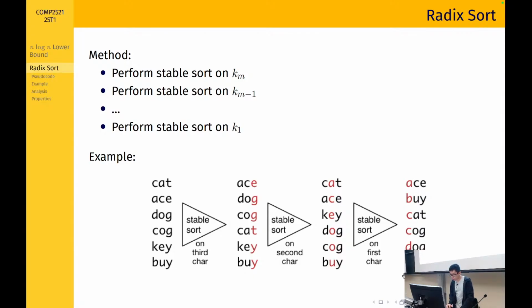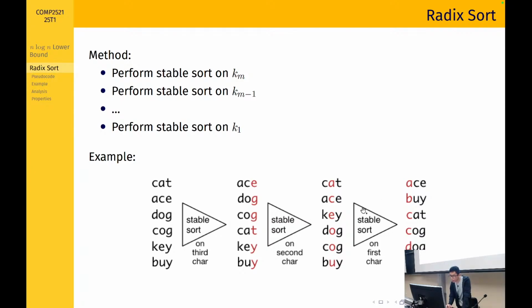Here's an example showing you how we can use radix sort to sort 3-letter words. It's really important that the sorts are stable. That's because, for example, suppose that this last sort here wasn't stable. What we're doing in the last sort is sorting by the first character.